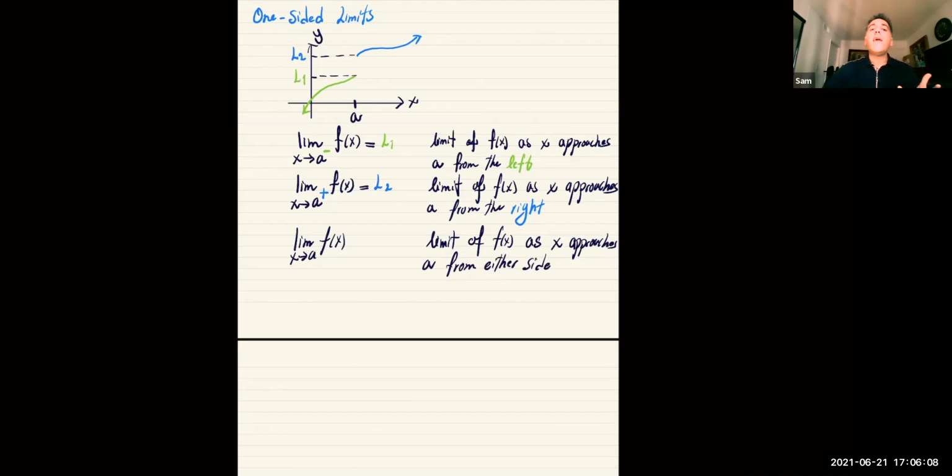And in this case, for this graph, as who was it, Randy or Angel? This limit doesn't exist because we don't get to a specific value from either side.